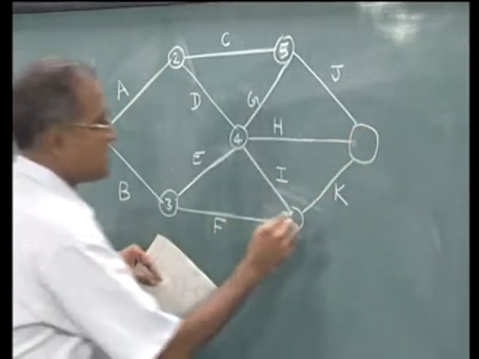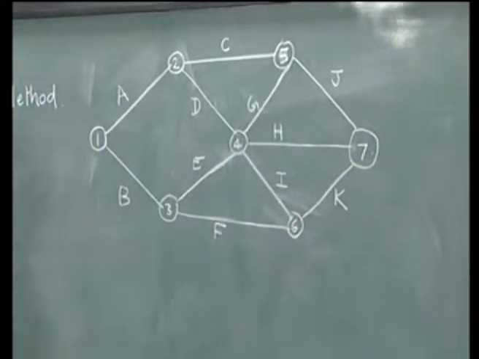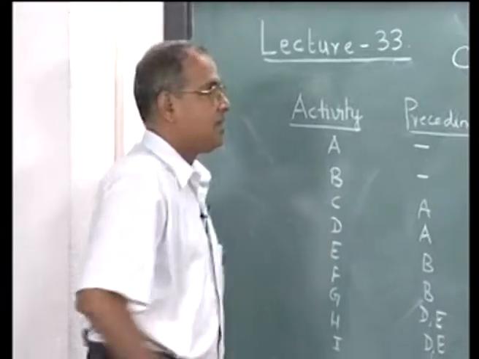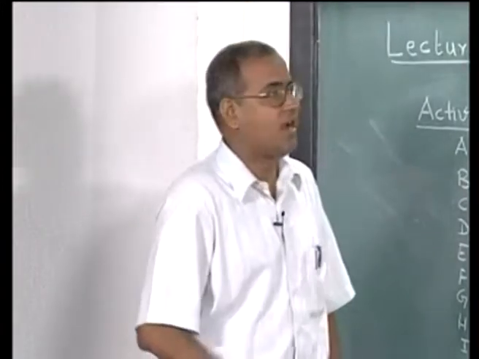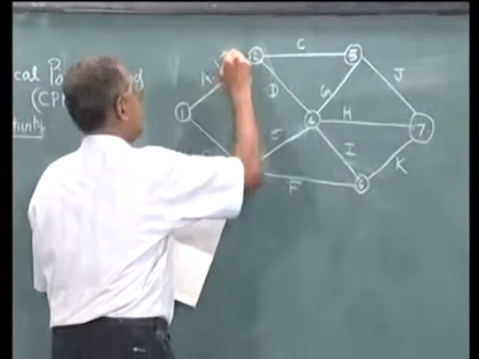So, I call this as 6 and I call this as 7. Now, this captures the relationship between these activities and the preceding activities. Now, I have to give durations for this. So, let us say these durations are given here.